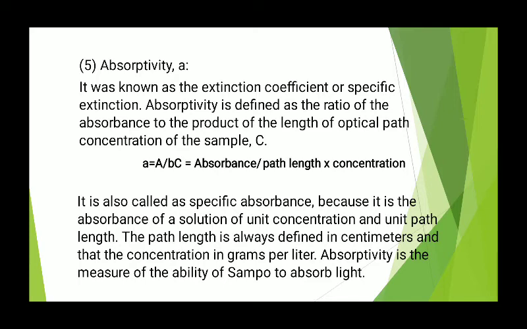A is the absorbance, b is the path length, c is the concentration. It is also called specific absorbance because it is the absorbance of a solution of unit concentration and unit path length. The path length is always defined in centimeter and the concentration in gram per liter. Absorptivity is the measure of the ability of a sample to absorb light.